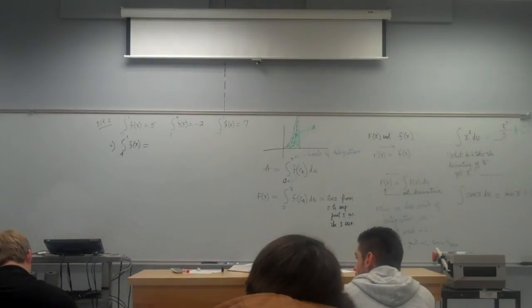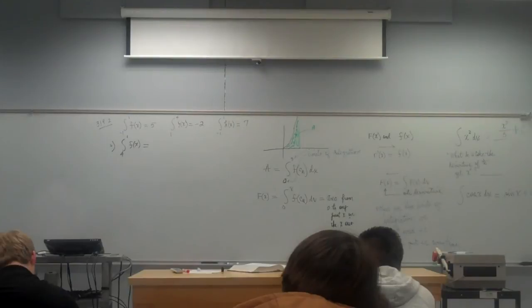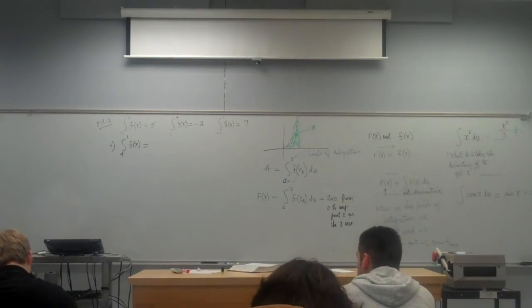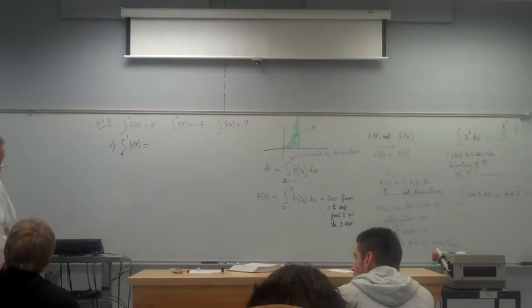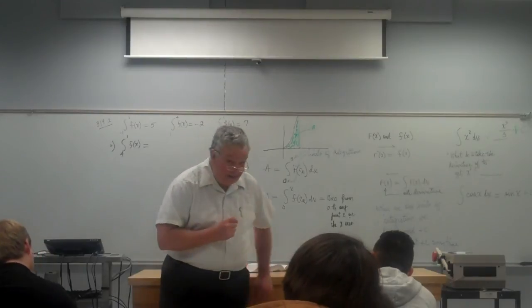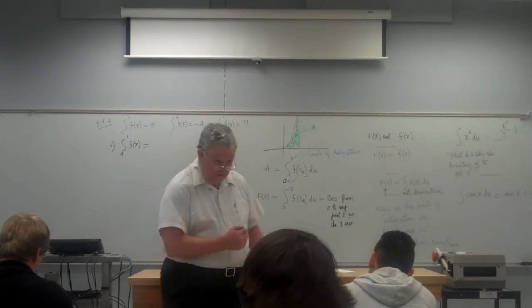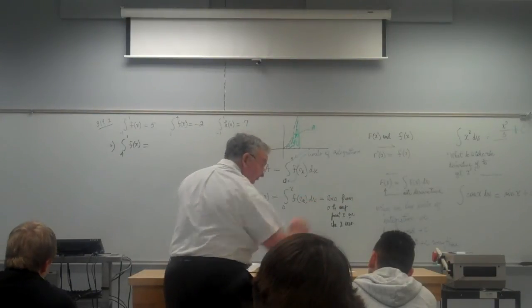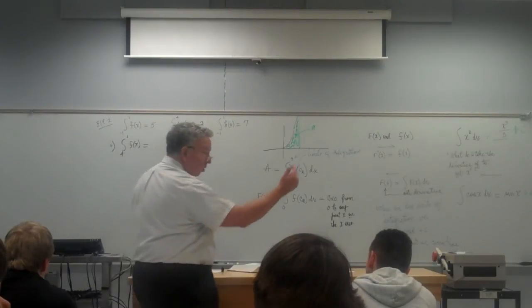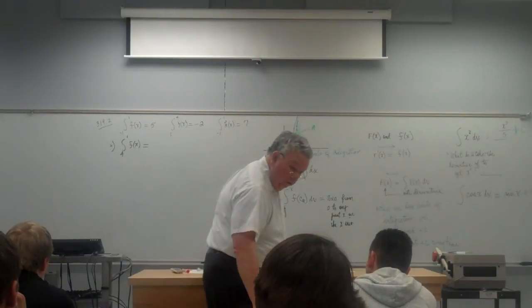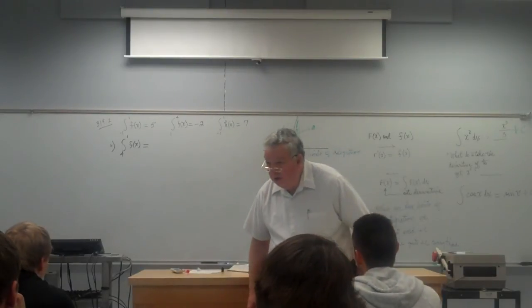What's the difference between what I just wrote and what part A is? I reversed the limits of integration. Instead of going from minus 1 to 4, I'm going from 4 to minus 1. So what changed? The direction you're going in.